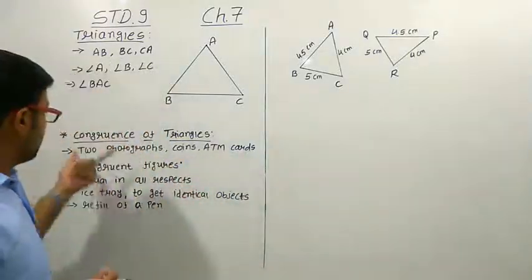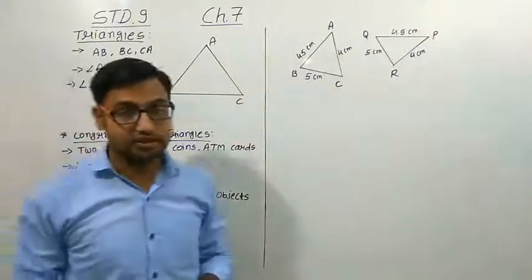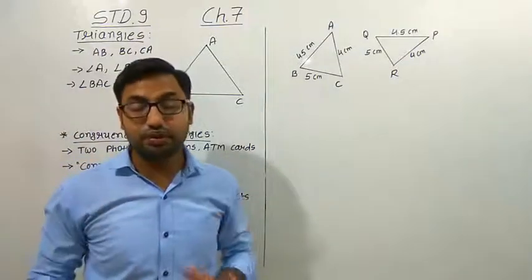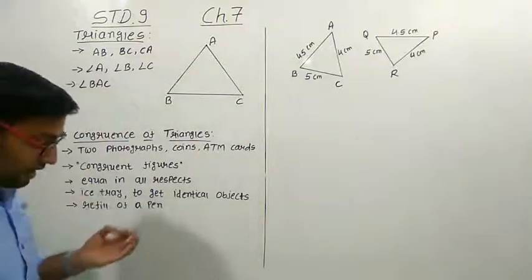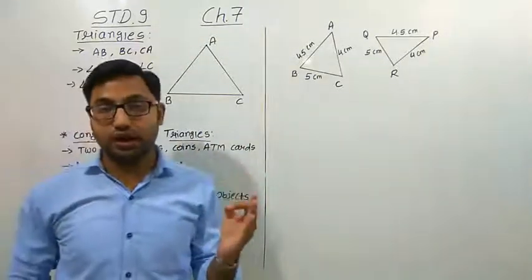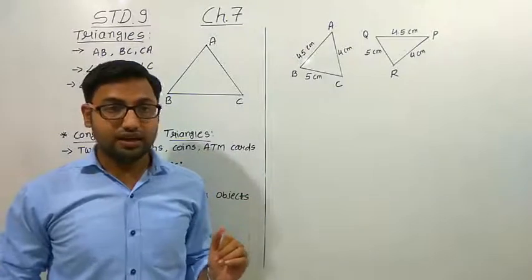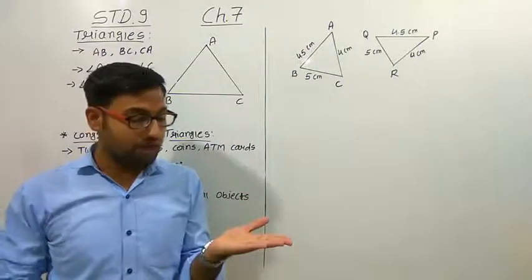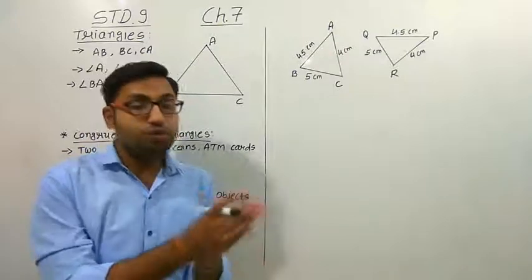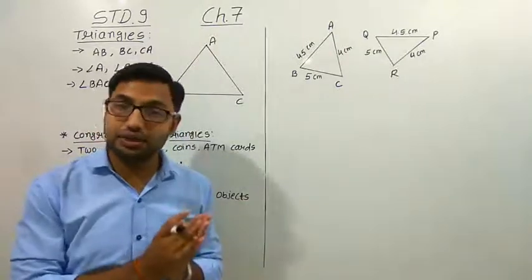And that is what? The congruence of triangles. Now first of all, what is the meaning of congruence? Before we understand, let us take some examples. If you have two photographs of the same size, then what will happen? If you place one photograph on the other one, both will completely cover each other.